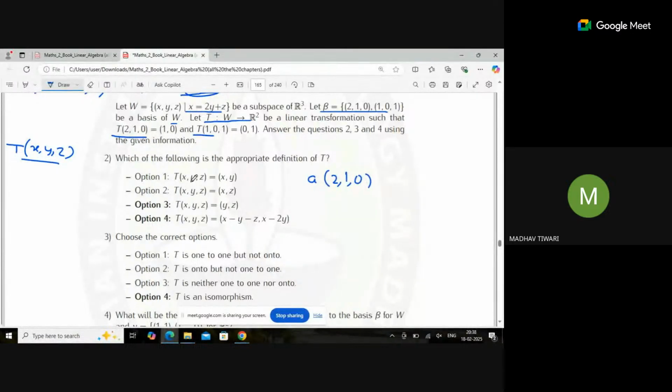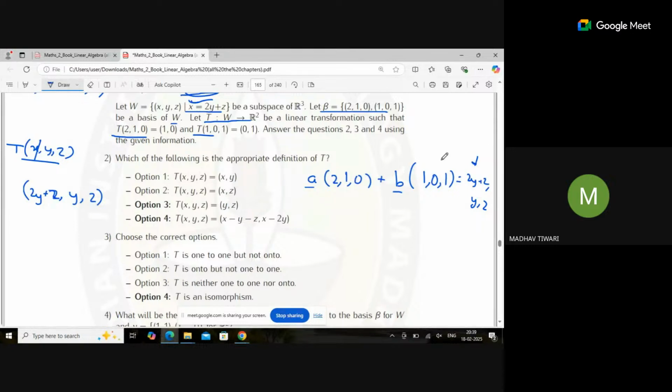I can replace this, since I am only going to take these types of points: all points of the form (2y + z, y, z). So I will multiply a times this plus b times (1, 0, 1) to get (2y + z, y, z). I have to find what linear combination of these two vectors will result in this vector.